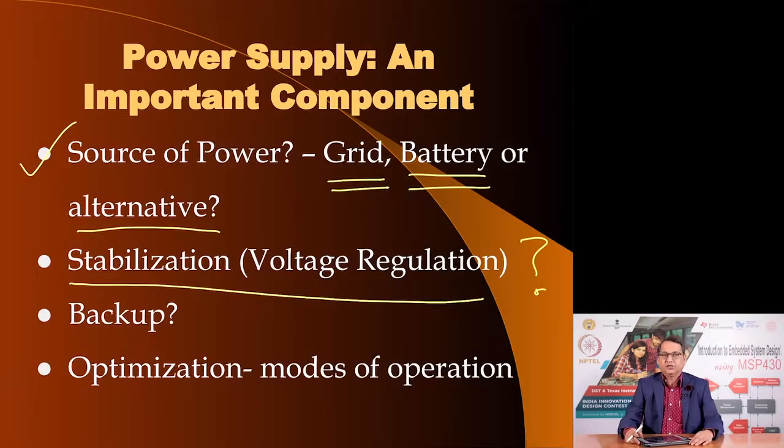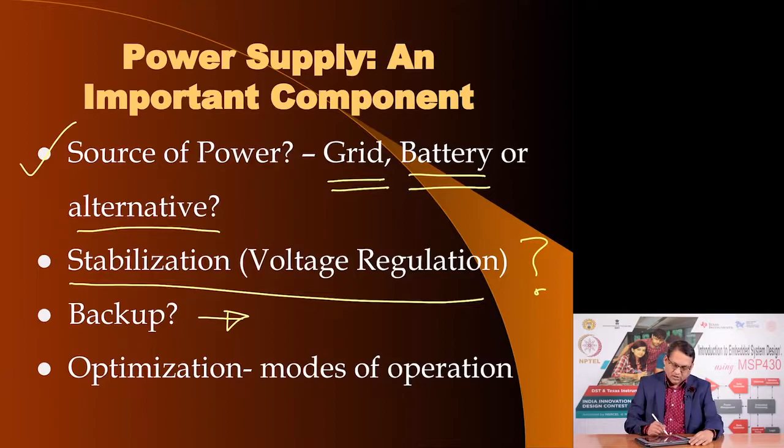If the power source is sporadic, that is, it may not be available at all times, then you must consider options of a backup. What are the various ways that you can create a backup? And last but not the least, given that you have some source of energy, some source of power, you would still want to optimize the available power, and this is very important in case your primary source of power is a battery, you would want to optimize its utilization.